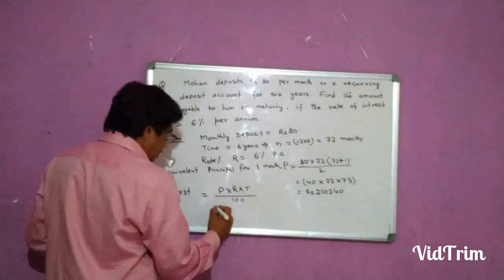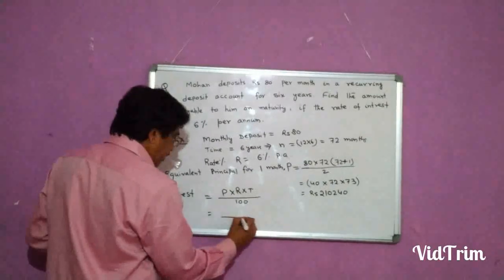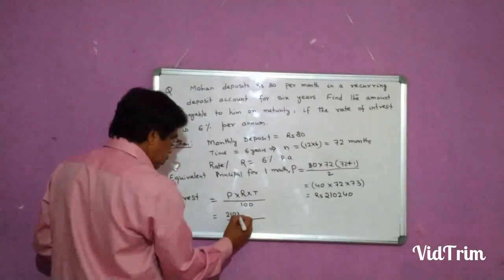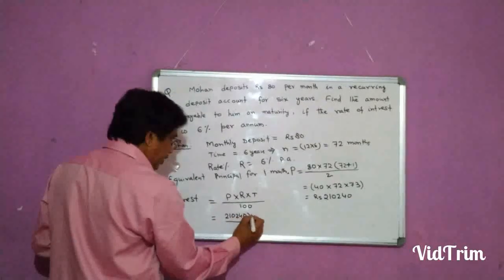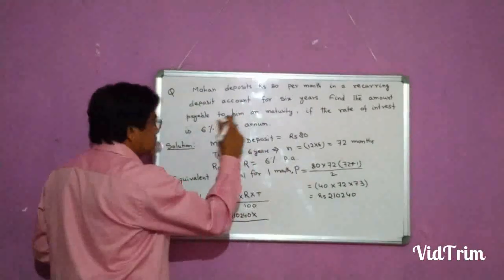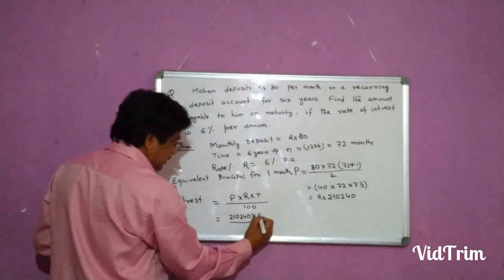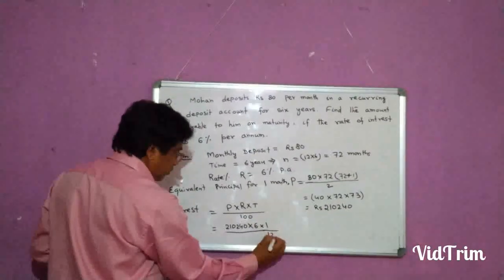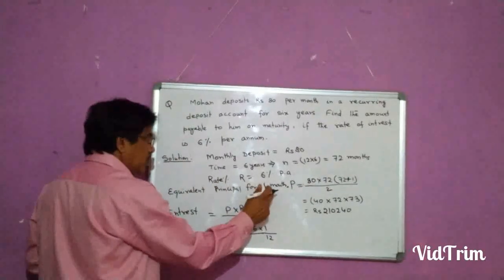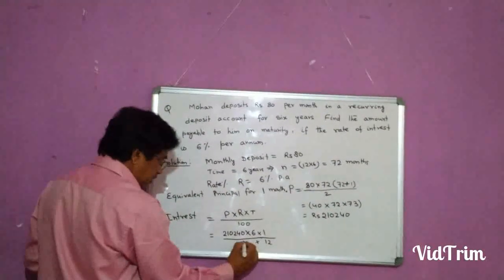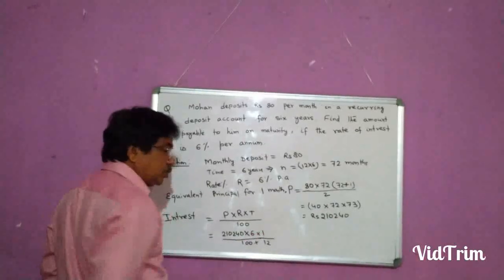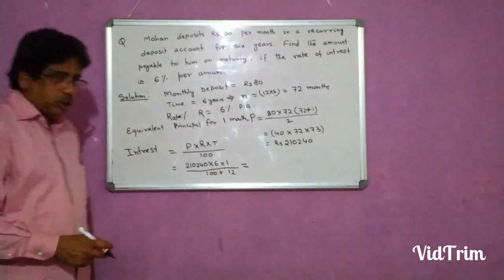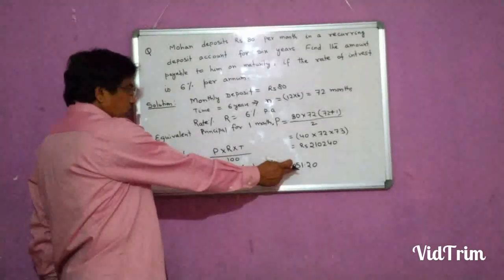So here the value of P we have already obtained, that is 210240. The rate percent is already given in the question, that is 6%, and the time we are taking as 1 by 12 because we have taken the principal for 1 month. On solving, you will get the value rupees 1051.20.